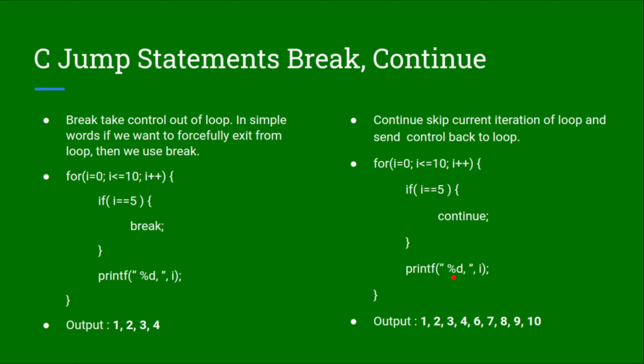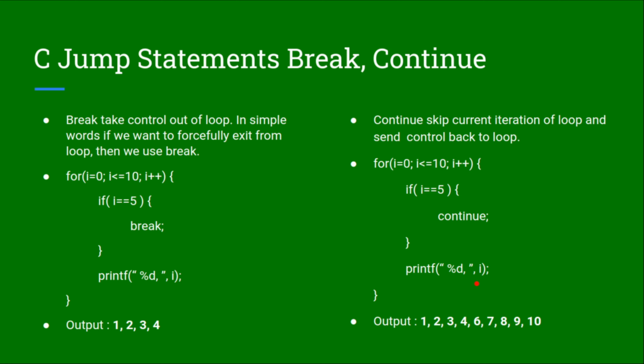That is the reason it will skip whatever statements are after continue. So at the time of 5 we are not able to print 5, because we have a continue at 5. So 1 2 3 4, 5 will not print, then 6 7 8 9 10. That will be the output.